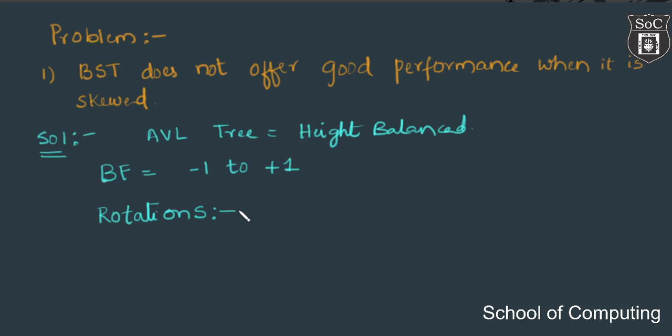Balancing factor means the height at any node must be either -1 or 0 or +1, a range of -1 to +1. If the height violates the rule, if you get anything less than -1 or anything more than +1, you have to apply rotations to convert that imbalanced tree into a balanced tree.